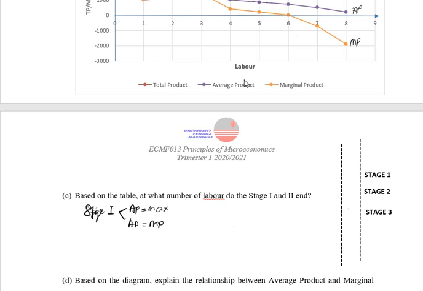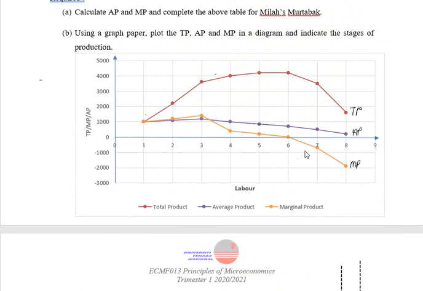If you look at this graph, the average product is the purple curve here, and it is at maximum at this point. Average product and marginal product intersect at this point. So this is the point where average product is at maximum and marginal product equals average product. It fulfills the two conditions, so this is basically where stage 1 will end.